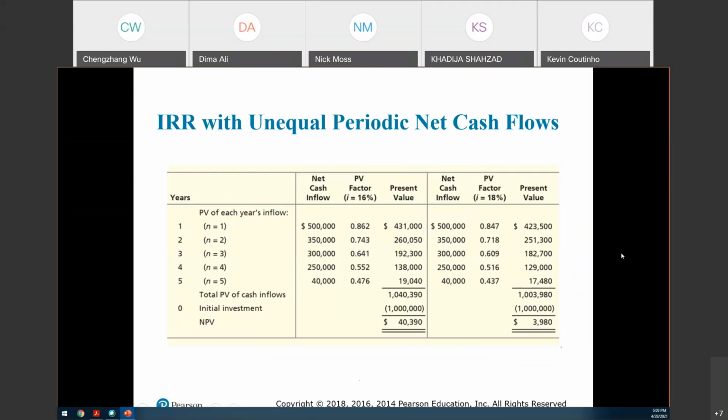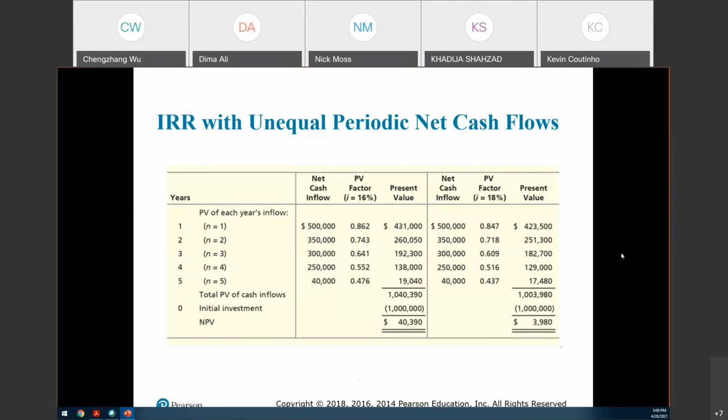The NPV calculation for the desktops using a 14% discount rate is, if you can recall, $78,910.